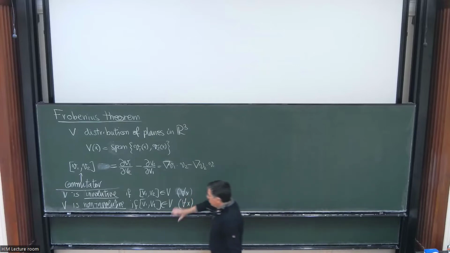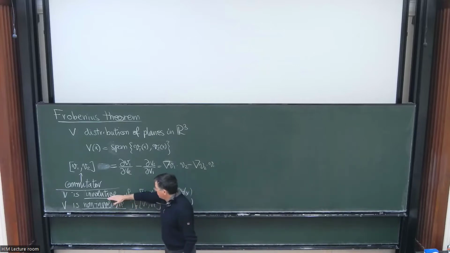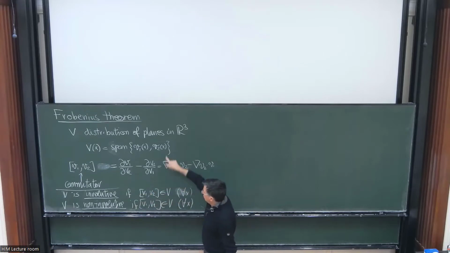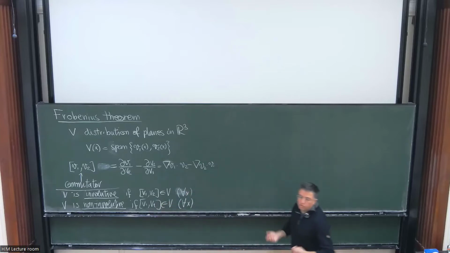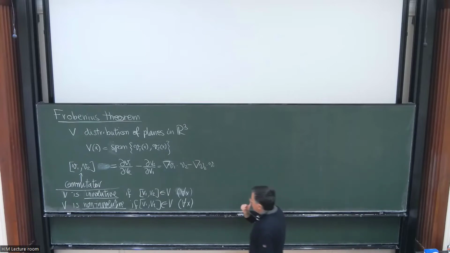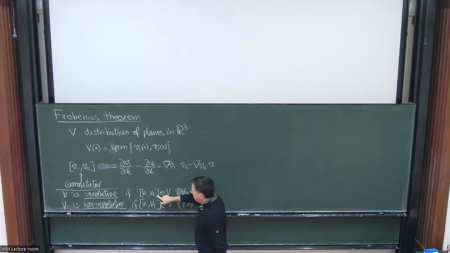So there are two situations which are clearly separated. The situation where it's involutive, that is the commutator is always in the original plane, and the situation where it's never in the plane. And the situation in between, let's forget about them. Okay, one thing, written like this, it seems that the statement depends on the choice of the two vector fields, right?